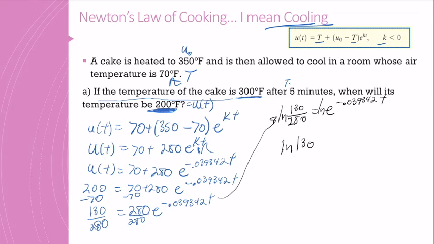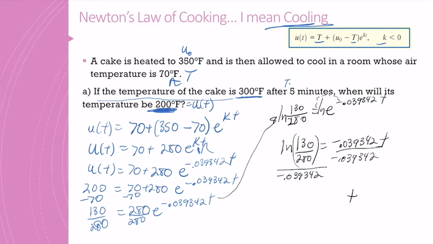So I have the natural log of 130 over 280 equals, this comes to the front, the natural log of e cancels, negative 0.039342t. And I divide both sides by this constant. That gives me t is about 19.5 minutes because my time is in minutes.